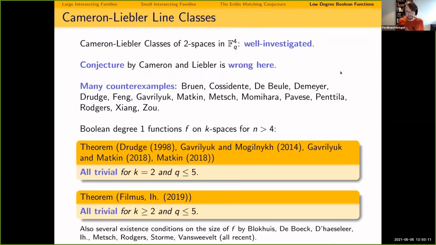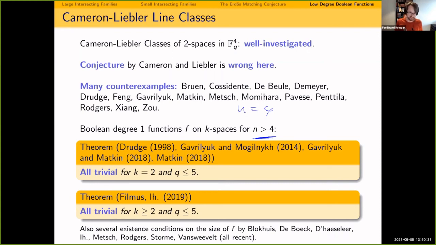Now, this was all for n equals 4. If we go for n larger than 4, the whole thing is very different. Namely, you do not find any more examples as soon as that is the case.